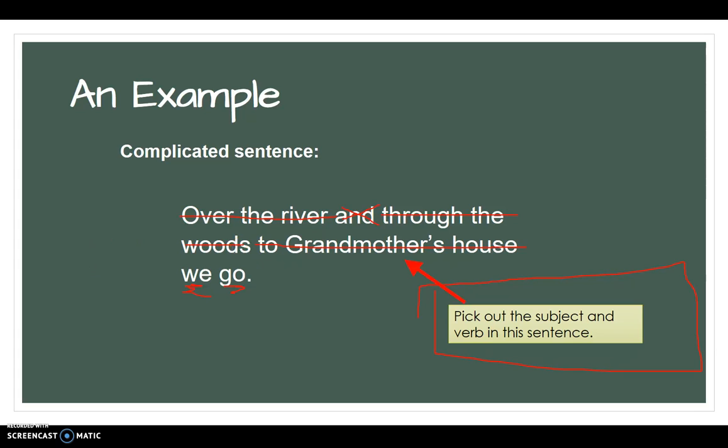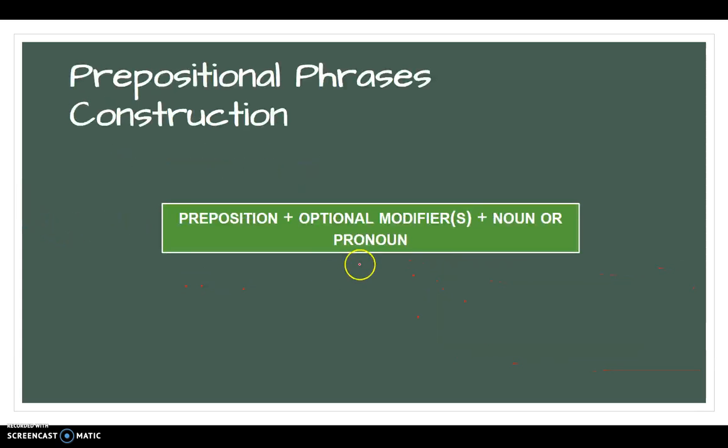So how do you identify a prepositional phrase? I mean, yeah, this looks all well and good and really easy. However, how do we know what a prepositional phrase is? Well, a prepositional phrase has a very particular construction.